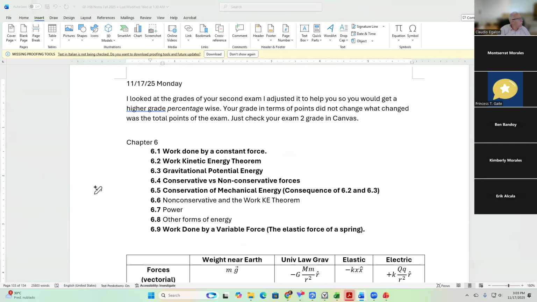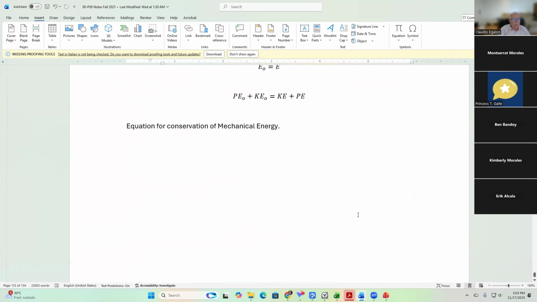Let's do some examples. Examples are the best way of understanding all this theory that seems to be so abstract.